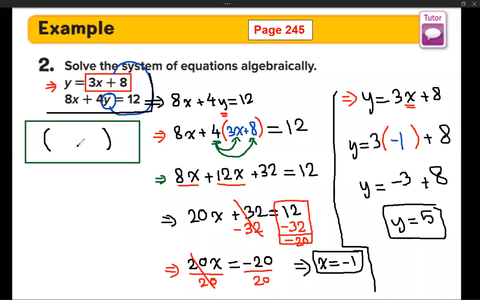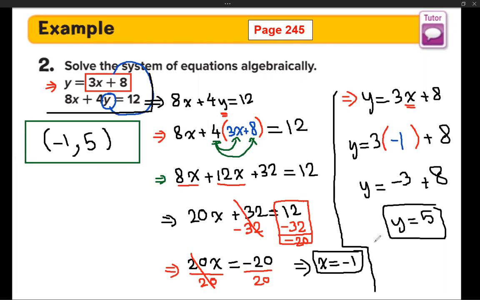The x-coordinate of it will be negative 1, because we found x to be negative 1, and the y-coordinate of it will be 5. Okay, so this is the final answer of the system of equations here. This is the solution for the system of equations.